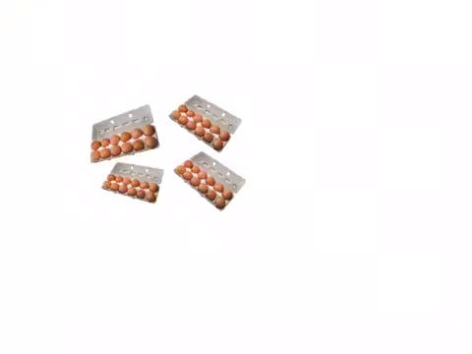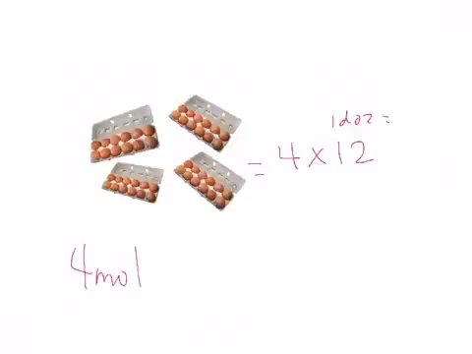So earlier we were talking about the eggs, and we said if you have 4 dozen eggs, you actually have 48 of them, or 4 times 12, because 1 dozen equals 12. Well, what we're going to see is, if you have 4 moles of atoms, how many do you have?